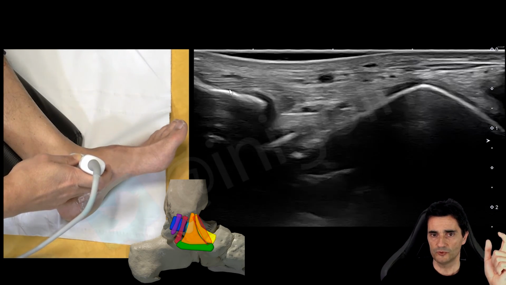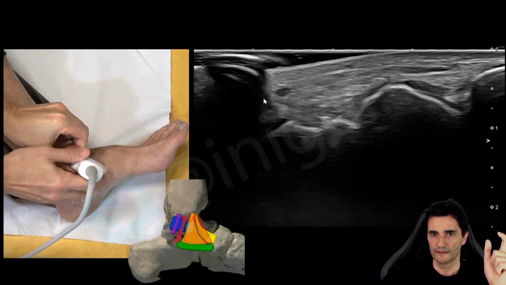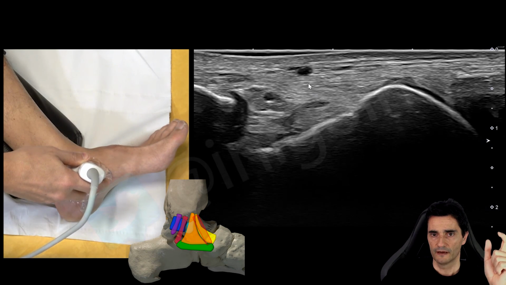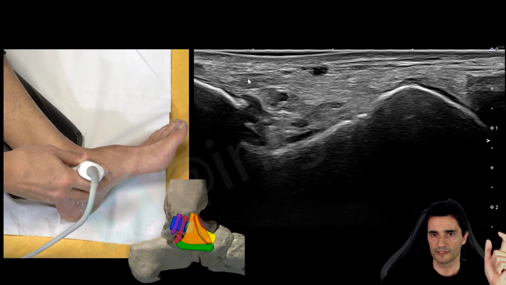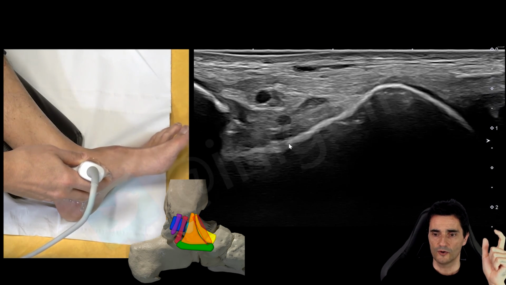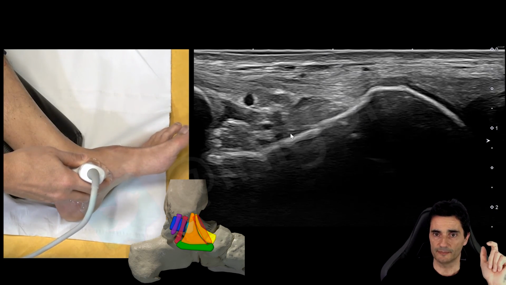And the fibers between the tibia and the navicular bone, these superficial fibers here, are the tibionavicular component of the spring ligament. You can see here. Okay, and these are the 6 components of the deltoid ligament.